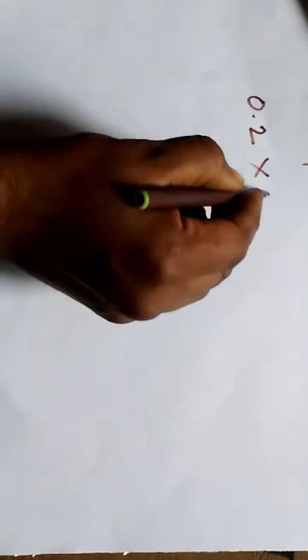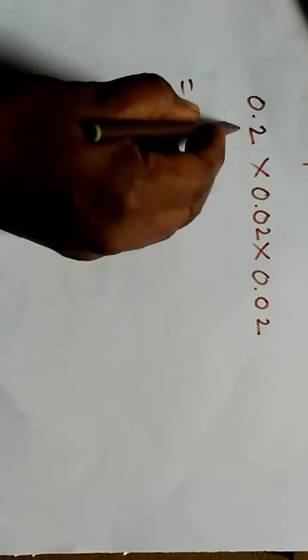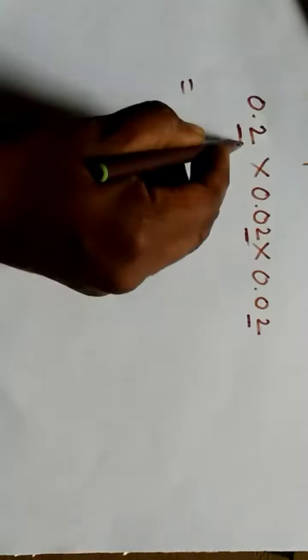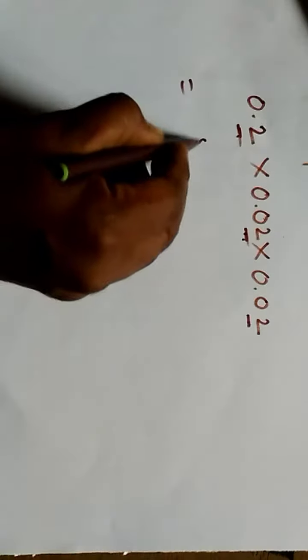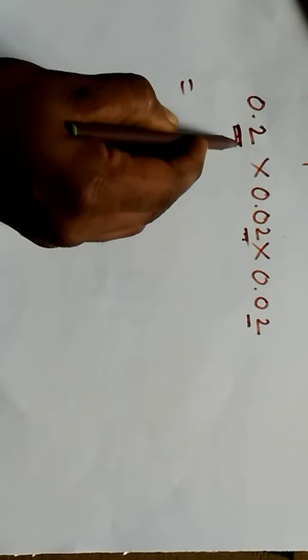0.2 into 0.02 into 0.02. Okay, here the numbers are 2, 2, 2. So 2 2s are 4, 4 2s are 8. Now we count the decimal places from the unit place.